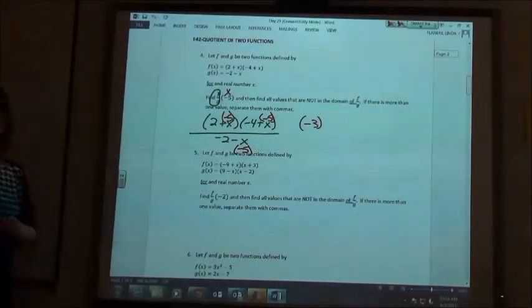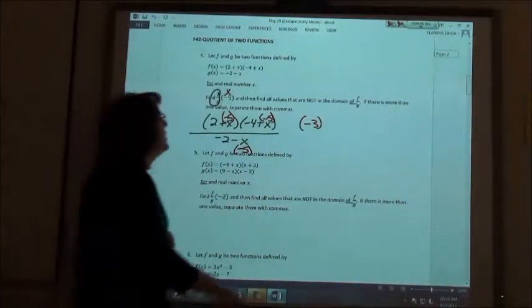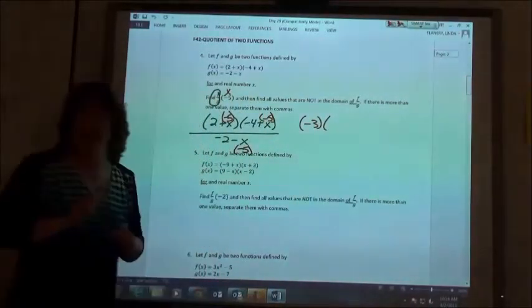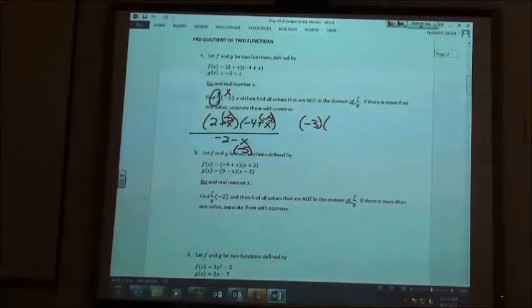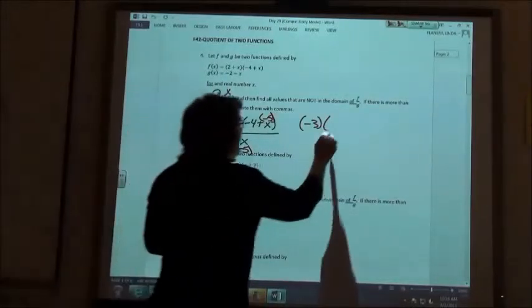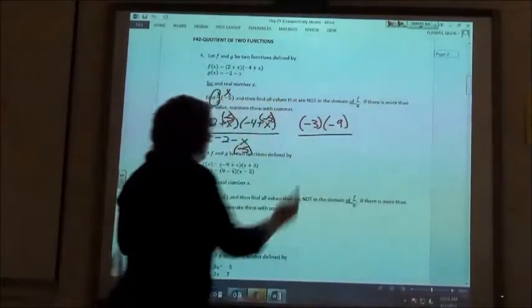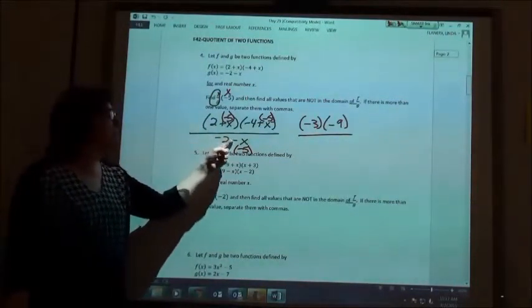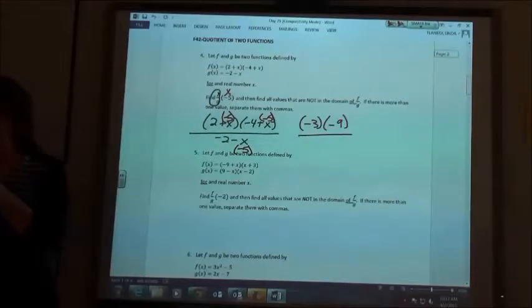In our second set of parentheses, we have negative 4 plus negative 5. I'm adding negative 4 plus a negative 5, which is negative 9. On the bottom, we have negative 2 minus a negative 5.